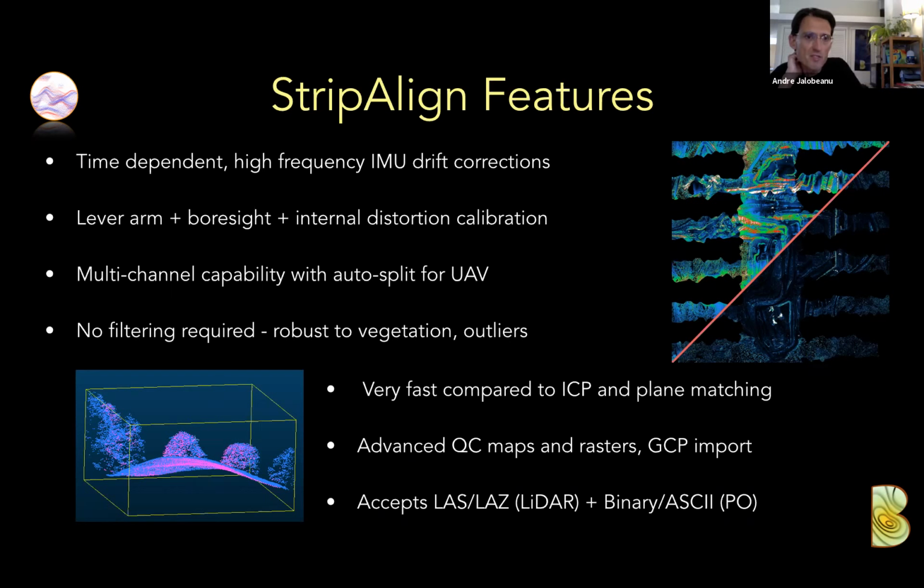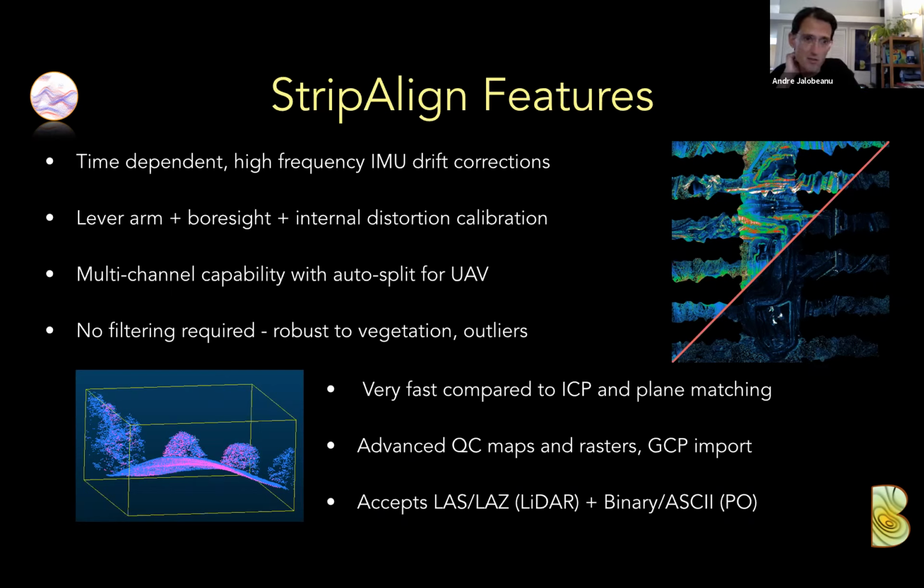So what are the main features? Time dependent and very high frequency IMU drift corrections. This is really important for most airborne data. Also integrated in corrections, you have bore sight and internal distortion calibration automatically, because this is really important.